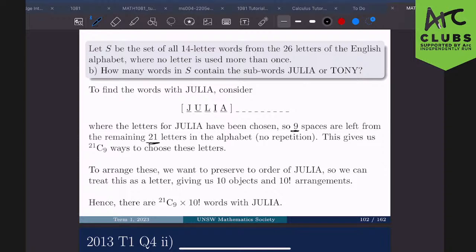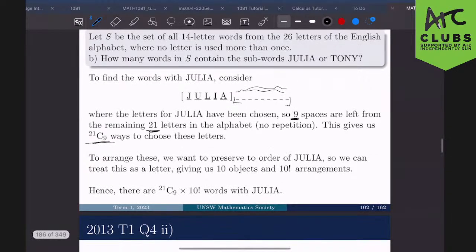That just means first we'll just choose the 9 letters, which is this many ways. We've got 21 letters and 9 spaces left. And then we just treat Julia as if it is one object, or one letter, you could say.